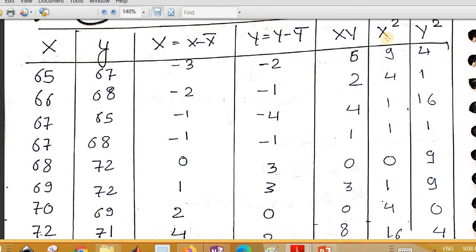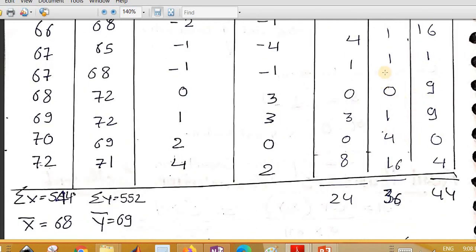Another term is capital X square, means (x minus x bar) whole square, that is -3 whole square, 9, -2 whole square, 4, and here also capital Y square, (y minus y bar) whole square. The summation of all these X square comes out to be 36 and the summation of all Y square terms is 44.